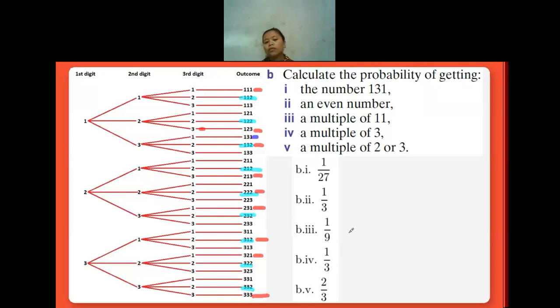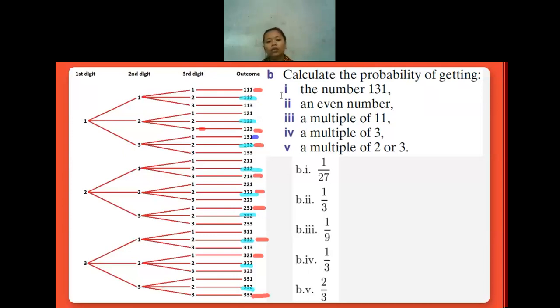And then for the question 5, a multiple of 2 or a multiple of 3. So we take the numbers that are a multiple of 2 and also a multiple of 3. Multiple of 2 is already colored light blue, and multiple of 3 is red. So we count how many numbers get the light blue or red color. We counted how many numbers there are.